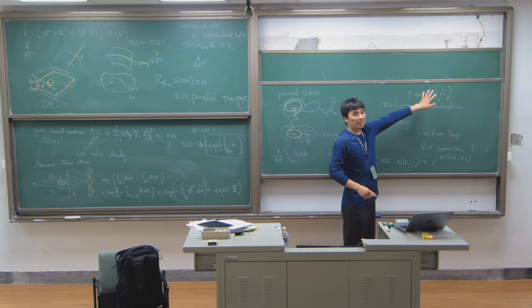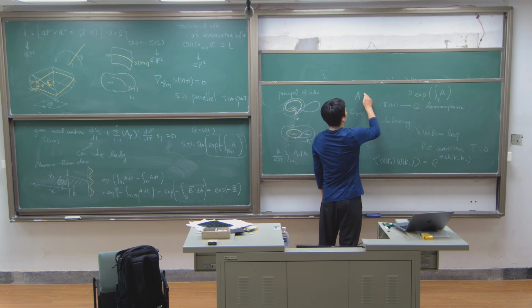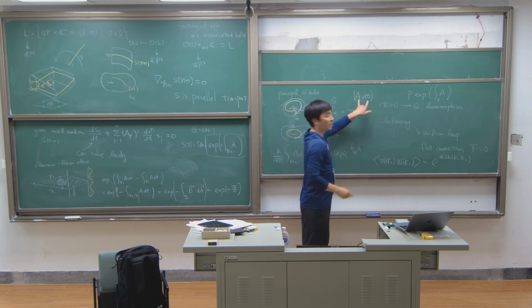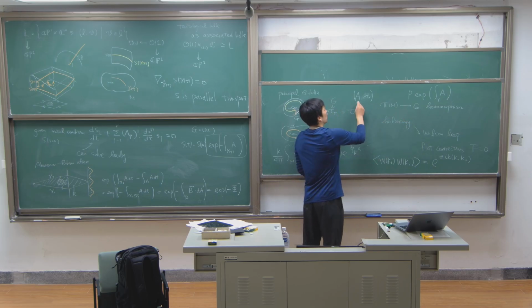So essentially, what is the integral? A dt1, small dt1. But this one is actually a matrix. Now it takes Lie algebra values in small g.